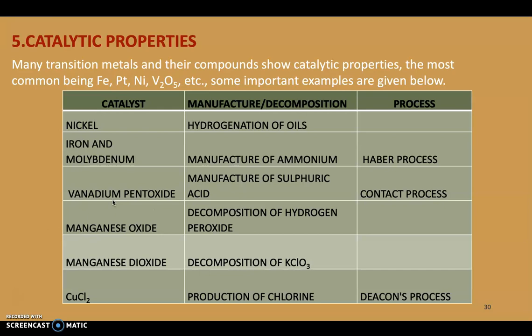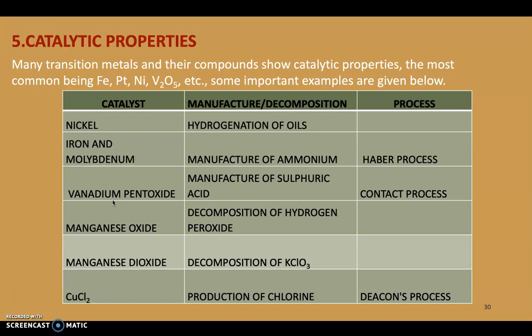Vanadium pentoxide is used as a catalyst in the manufacture of sulfuric acid; this process is called the contact process. Manganese dioxide is used in the decomposition of hydrogen peroxide. CuCl2 and manganese dioxide and others are also used in processes as catalysts.